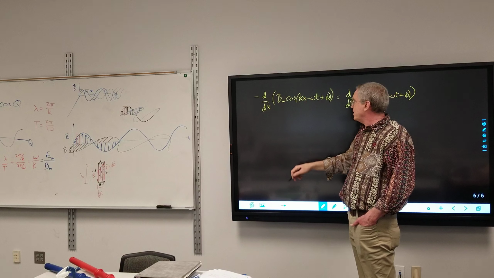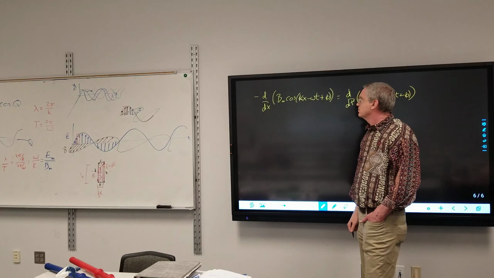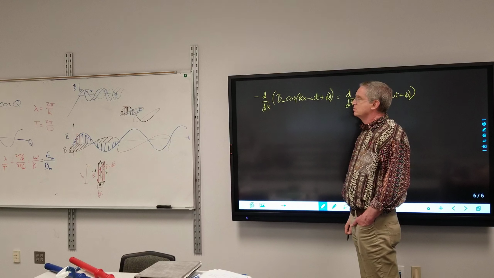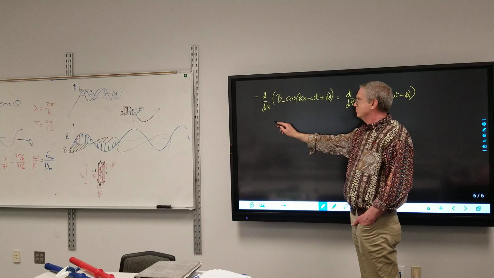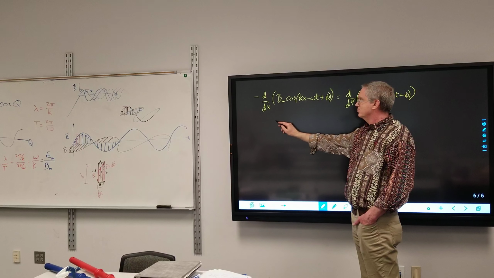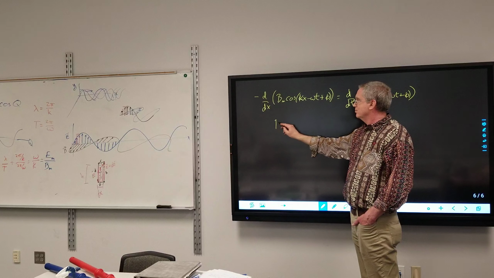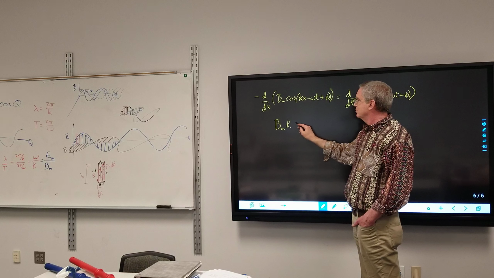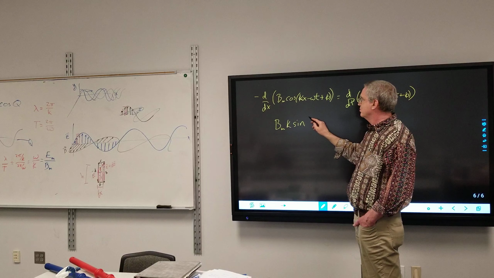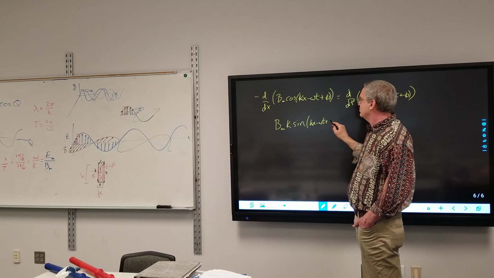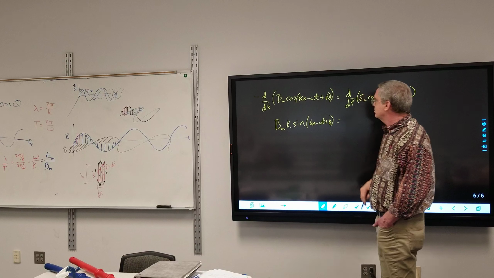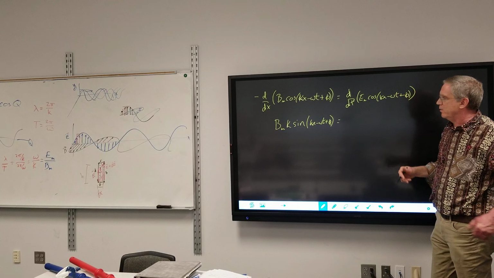So what's my left-hand side equal to? Just Bm k times sine of kx minus omega t plus phi. And on the right-hand side?